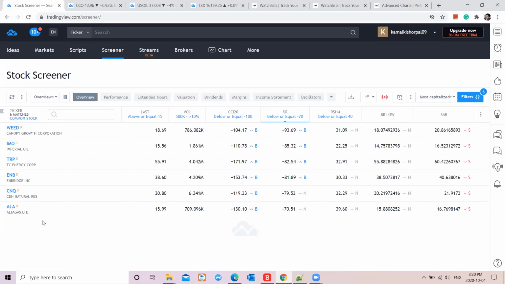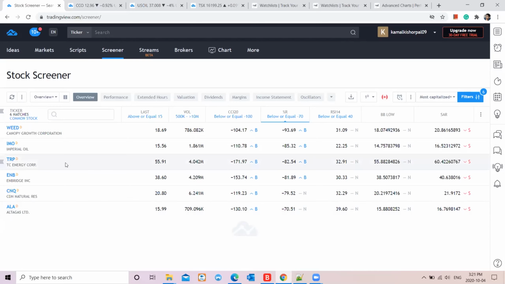Now each time you're looking at SAR in this indicator, when the SAR value goes below your last, it's a time to buy. Or when your last is below the BB low, the Bollinger Band low, it's a time to buy, or close to it.